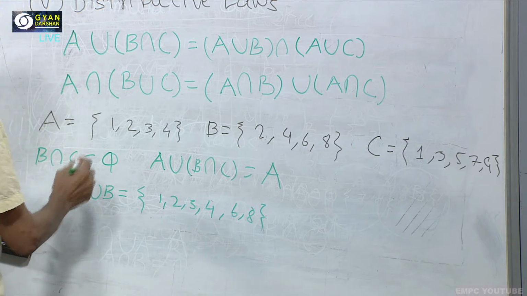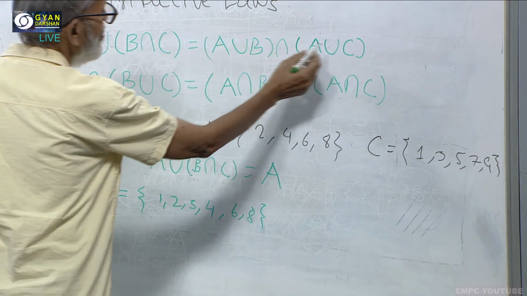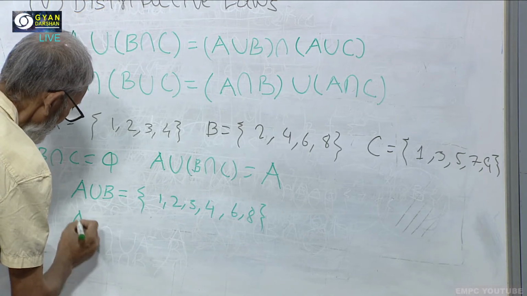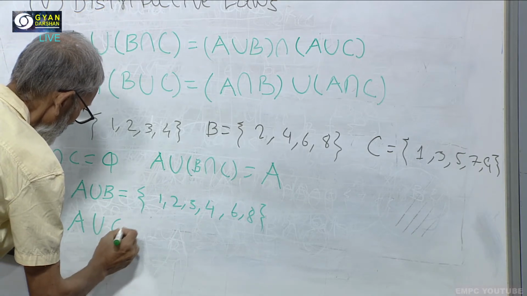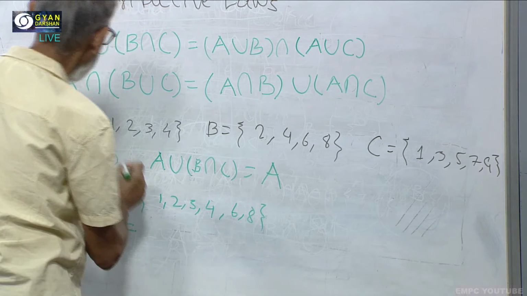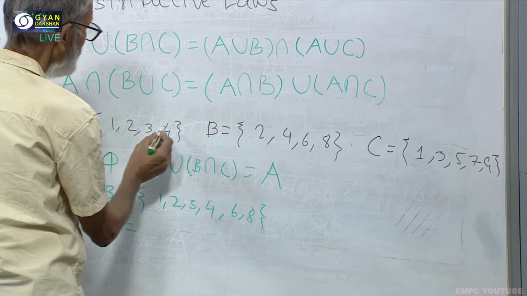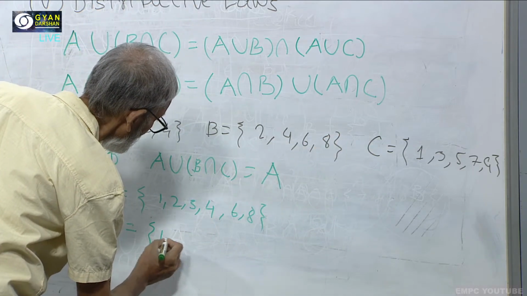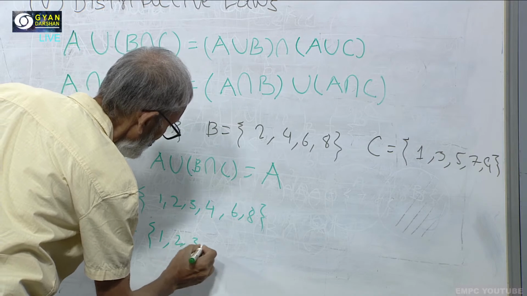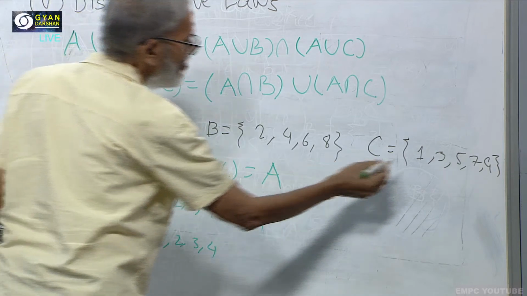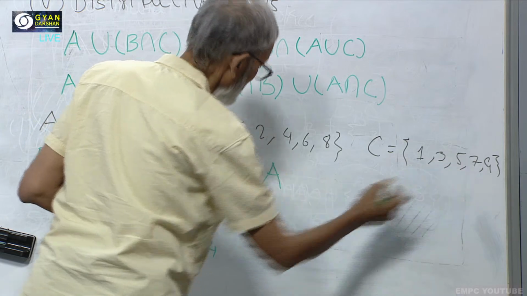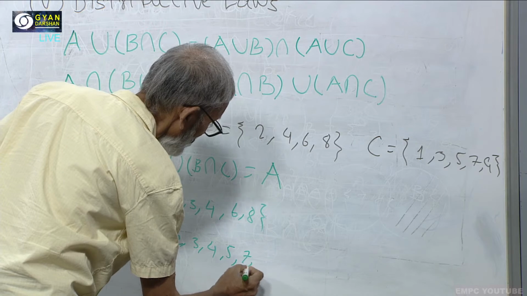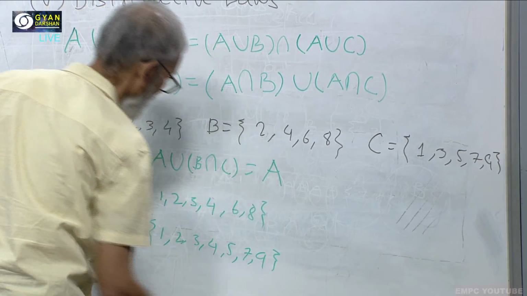And what is A union C? A union C is equal to 1, 2, 3, 4 and 5, 7, 9, so 1, 2, 3, 4, 5, 7, 9.